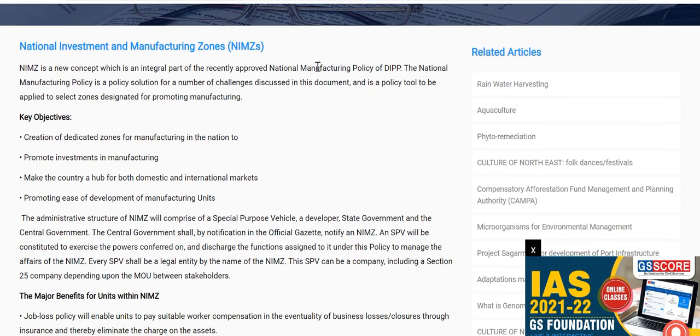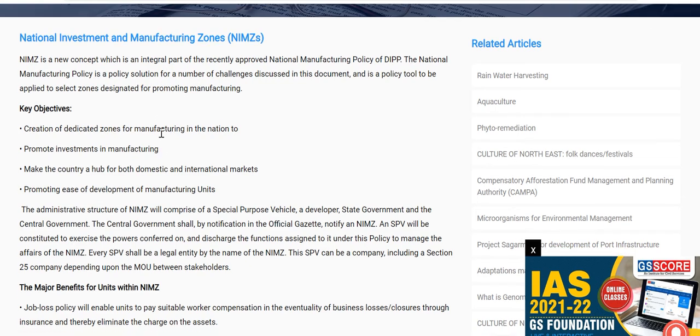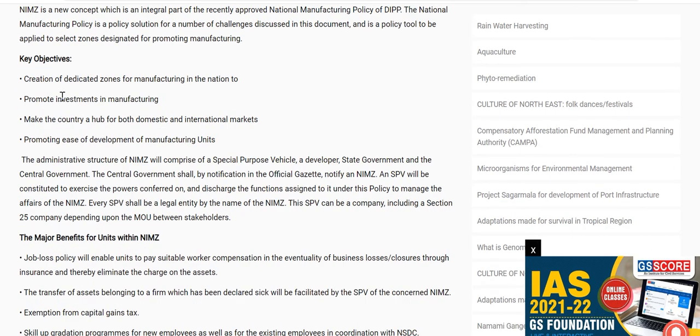It was brought about under the new manufacturing policy of DIPP. The main objective is to promote manufacturing. They were dedicated zones for promoting investments in manufacturing.